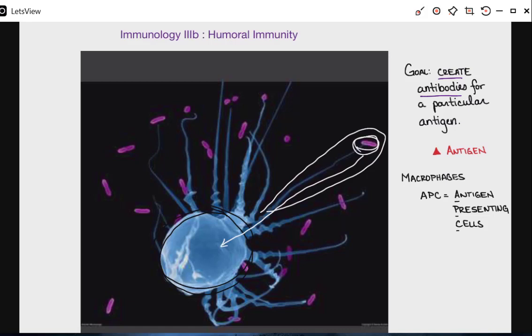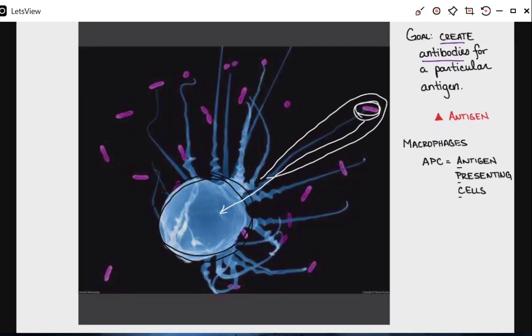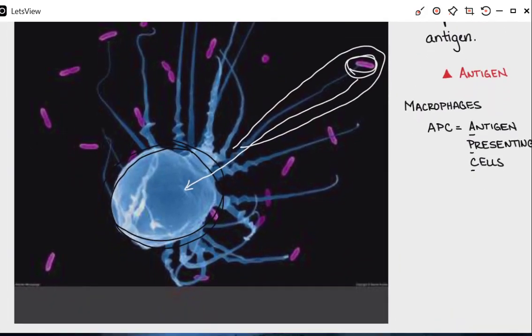Now we are going to look at some new players that we have not yet really explored. And these are going to be lymphocytes. So lymphocytes actually come in several different subcategories. And one subcategory is called a B cell.